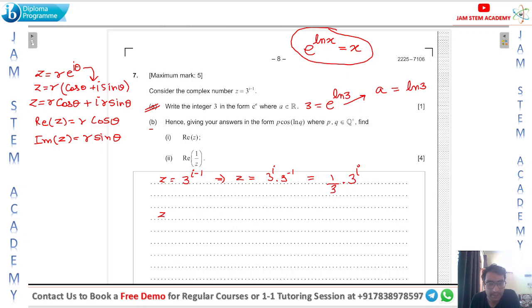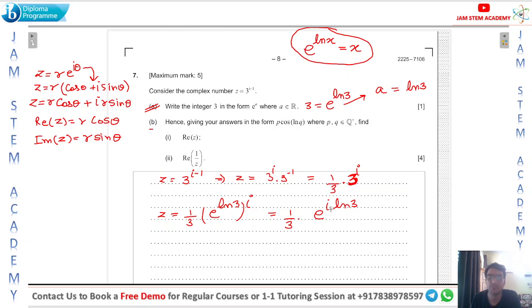Now in the next step, in place of 3, I will write e raised to the power natural log of 3, to the power i. I'm just replacing this 3 with e raised to the power a. That gives me 1 over 3 times e raised to the power i times natural log of 3.